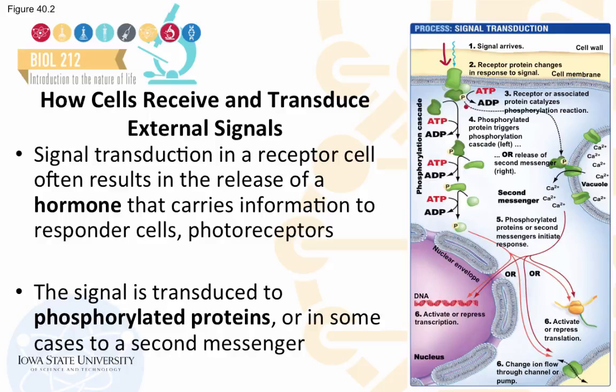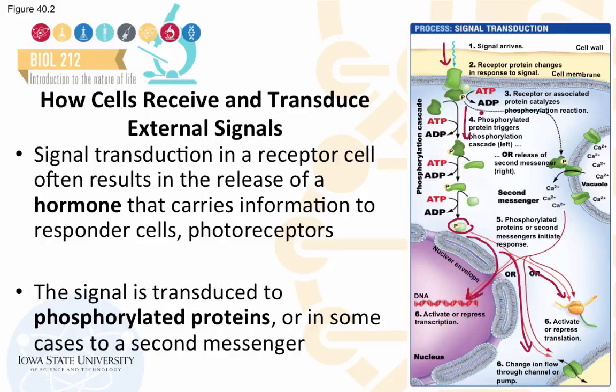This phosphorylation then triggers a phosphorylation cascade where one protein brings about the phosphorylation of the next protein in the pathway, ultimately leading to a final phosphorylated protein that either travels to the nucleus to activate or repress transcription of target genes, or regulate the flow of ions through the cell membrane, or activate or repress the process of translation, thus regulating protein synthesis inside the cell.